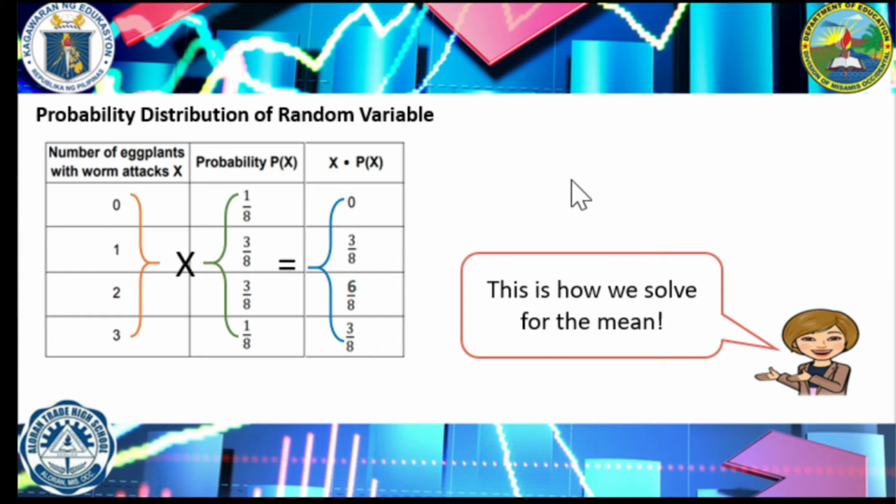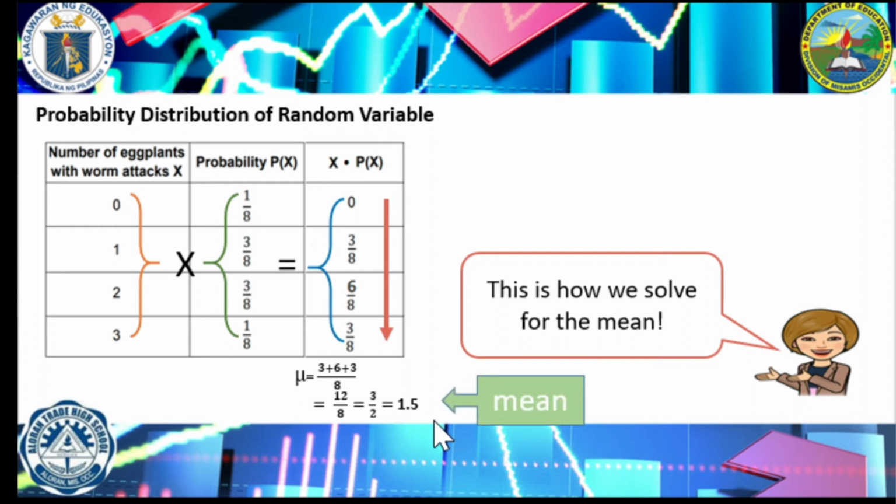After getting all of the products, we sum up the products. So we have 3 plus 6 plus 3 is equal to 12 over 8. We did not include 0 anymore because even if we added 0 here, the result will still be the same, 12 over 8. Simplifying 12 over 8, we have 3 over 2, and 3 divided by 2 is 1.5. So this is our mean.